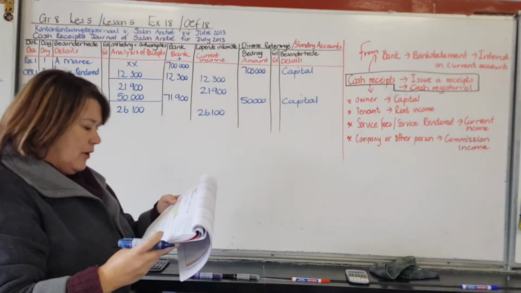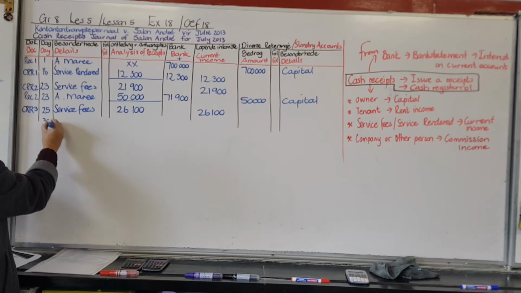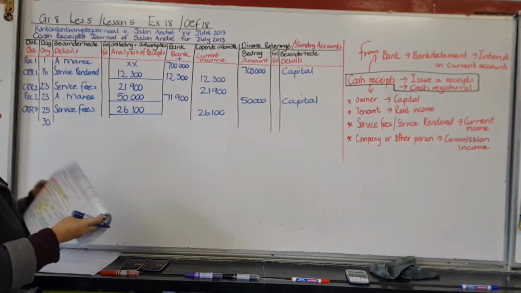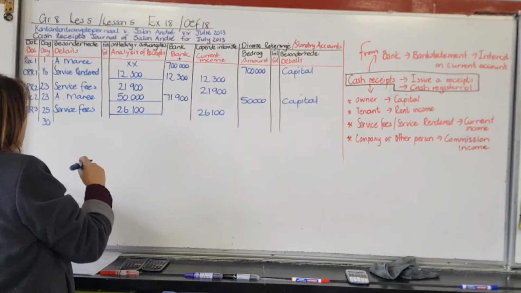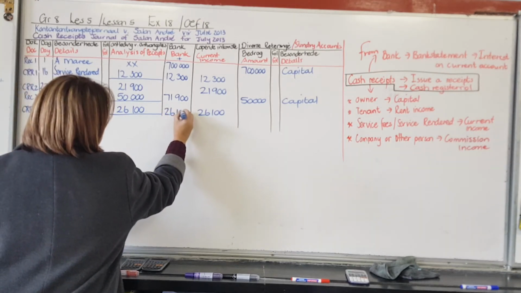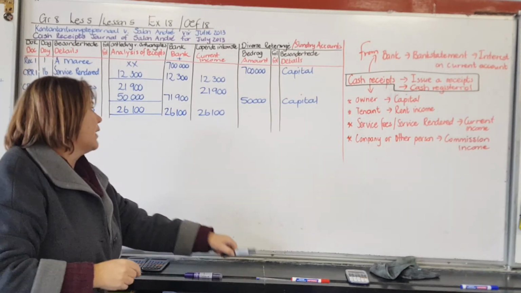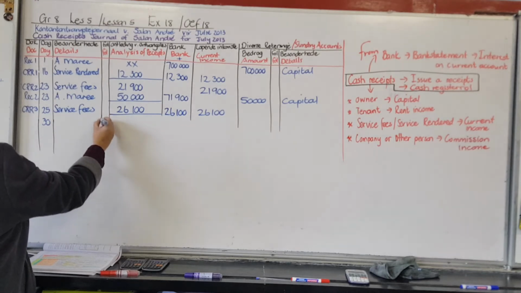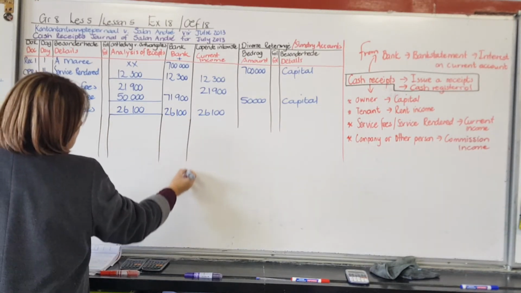Alright, then when you go and see your next transaction is on the 30th. Can you see on the 25th, you're going to draw your deposit line, and then you're going to say, listen, please, one of your workers needs to go to the bank and they have to deposit 26,100 Rand into your current account, into your check account, into your bank account.